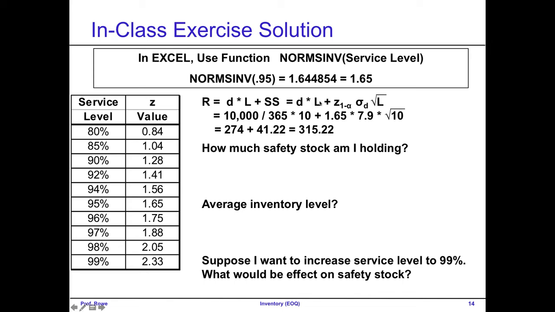Time was eliminated here in these units by dividing by 365 and then multiplying by the 10 days. And here the days are canceled out here and here, and so then we're okay. We don't need to convert as long as the time units for the standard deviation of demand and the lead time are the same.